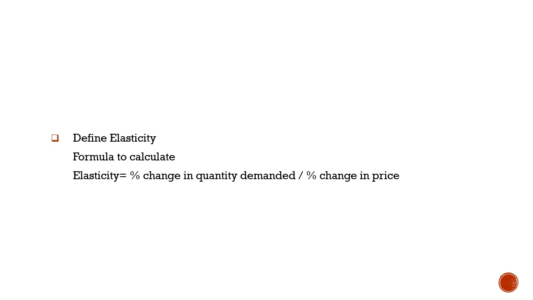So elasticity is how sensitive the demand is to the change in the price. The formula to calculate elasticity is percentage change in quantity demanded due to the percentage change in price.